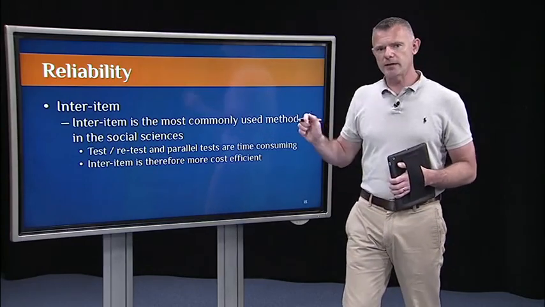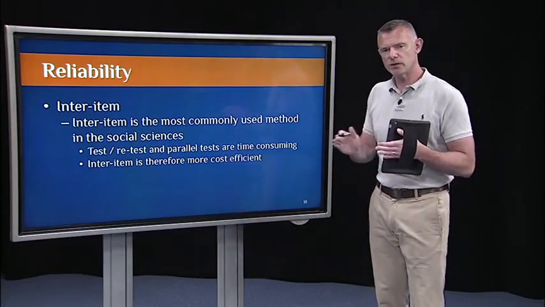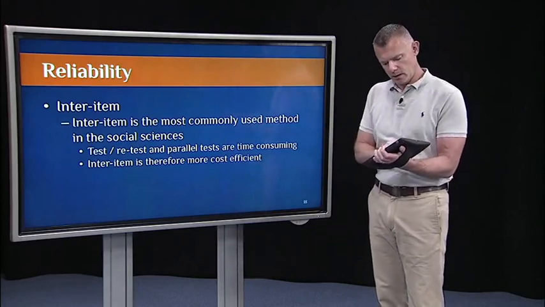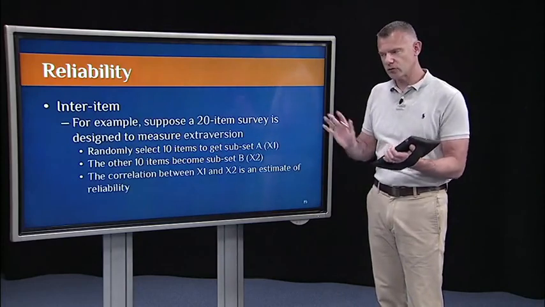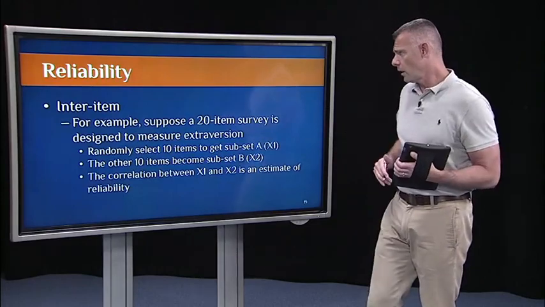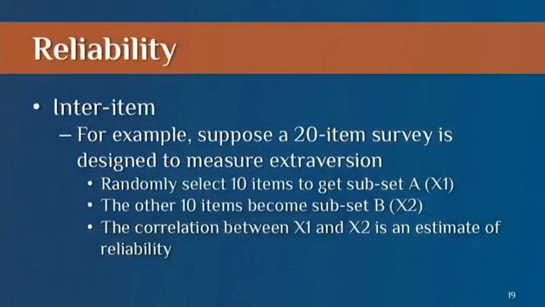So let's go back to the idea of the personality surveys and assessing extroversion. Suppose we had a 20-item survey that was designed to get at extroversion or agreeableness or any one of the personality traits. What's typical is we'll administer several questions that get at each personality trait.